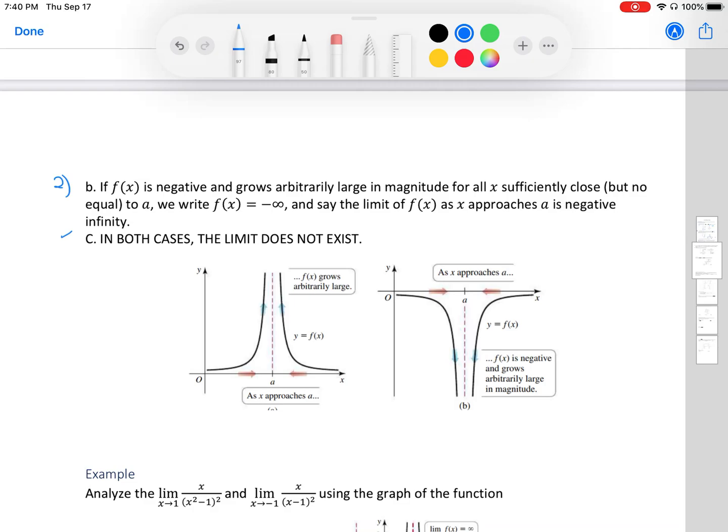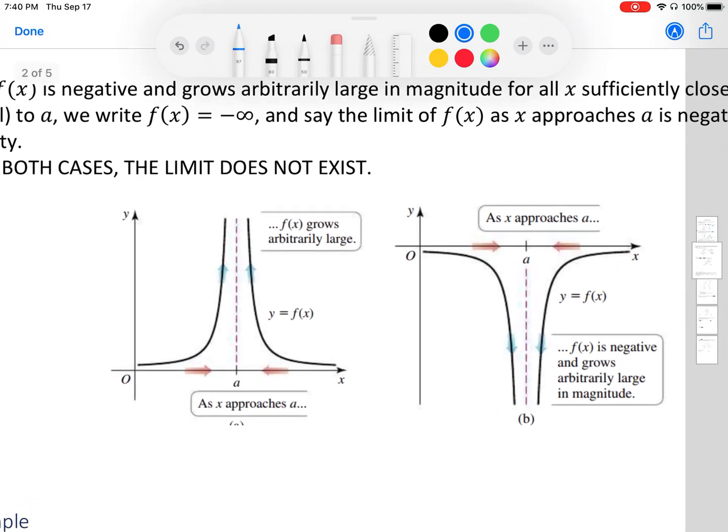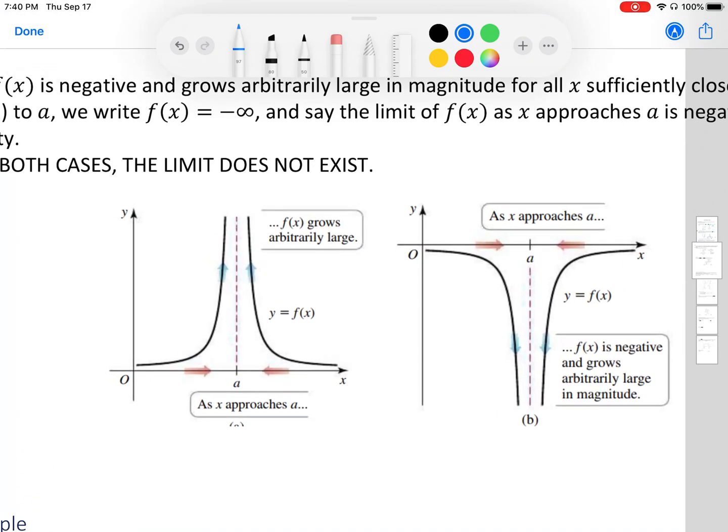So here we see that first part, where as it's approaching a number, it's getting larger and larger and larger. So we say the limit is approaching infinity. And we see that it's not just happening from the right, positive side, but also from the negative side, the left.